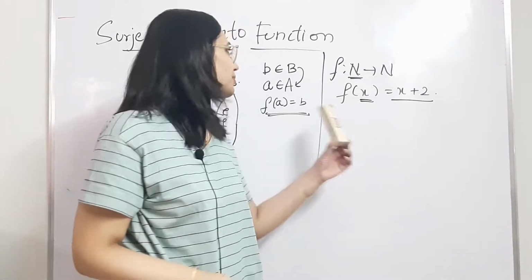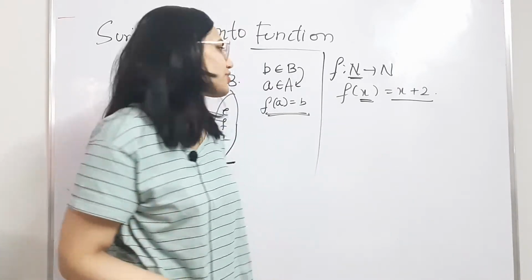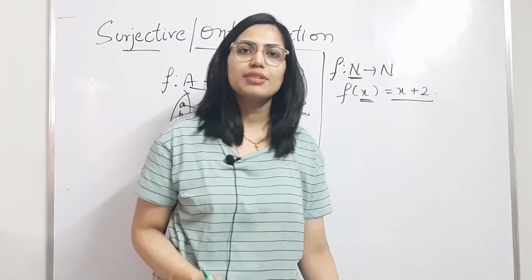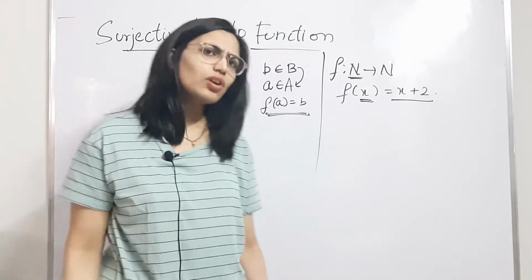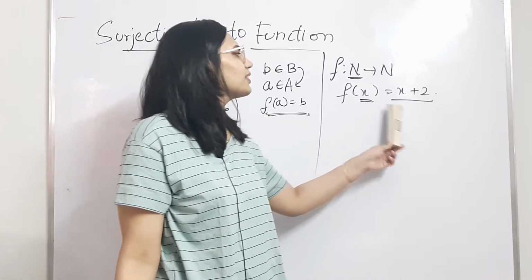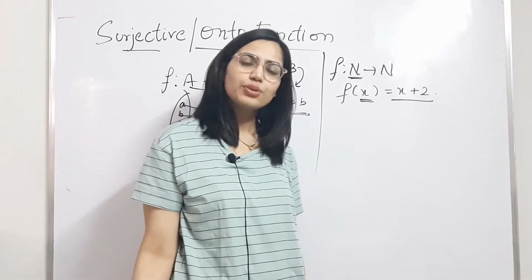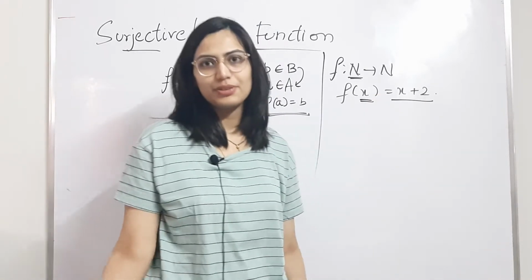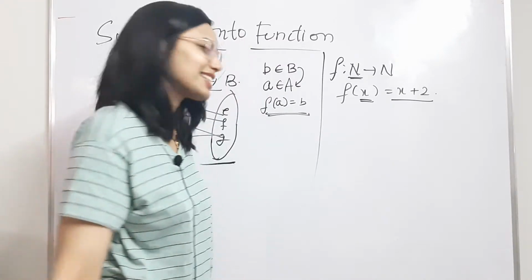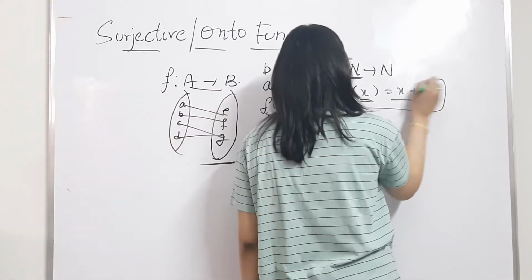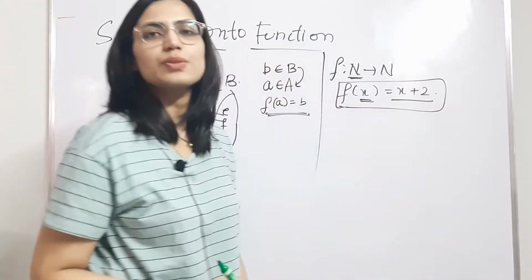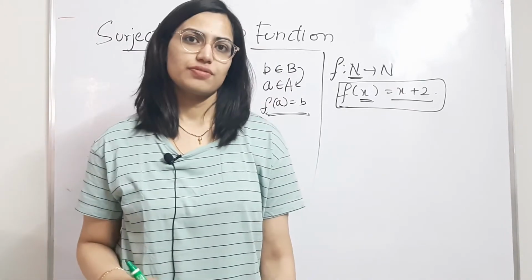We are not considering negative numbers, so here we are only considering natural numbers that start from 1. That is within the codomain itself, isn't it? So in this case, f of x is equal to x plus 2 is a surjective function.